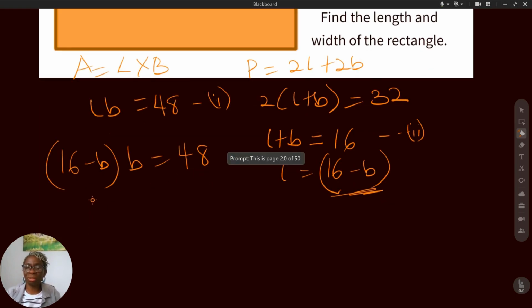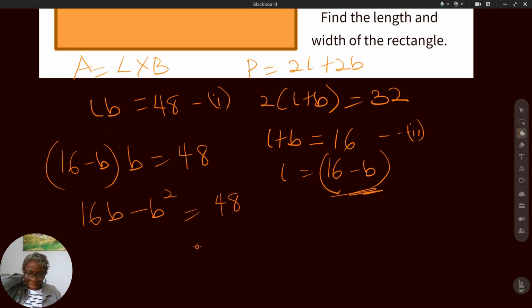So this gives 16B minus B squared equals 48. So let's rewrite this. Let's bring everything together. This gives B squared minus 16B plus 48 equals 0.